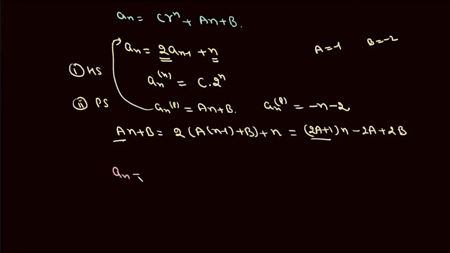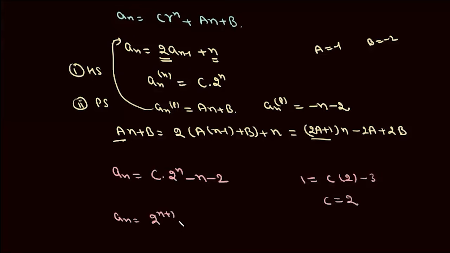So we can write this an as C into 2 to the power n minus n minus 2. And we are given that a1 is 1. So if we put a1 as 1, it'll be 1 equals 2C minus 3. Value of C will be 2. So this an will be 2 to the power of n plus 1 minus n minus 2. So this is another way of solving these recurrence relations.